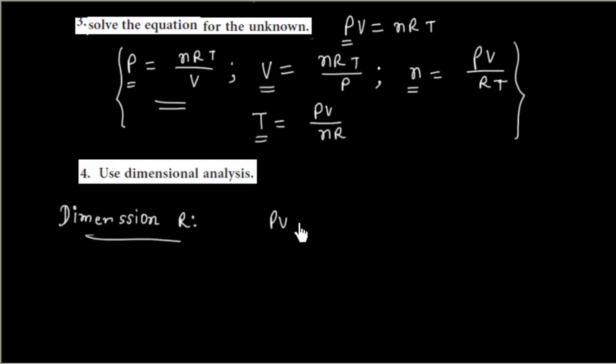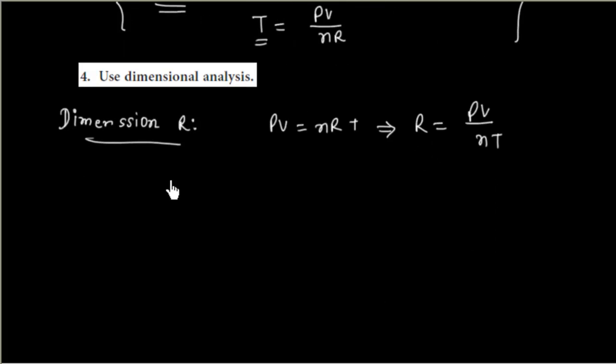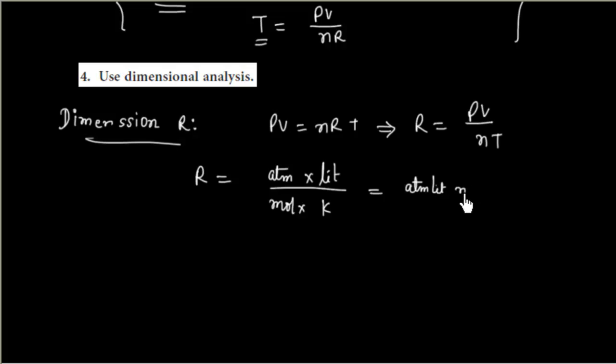We have PV = nRT, so R = PV divided by nT. Pressure is in atmospheres, volume is in liters, n is in moles, and T is in Kelvin. So the dimension of R is atmosphere times liter times mole to the power minus 1 times Kelvin to the power minus 1.